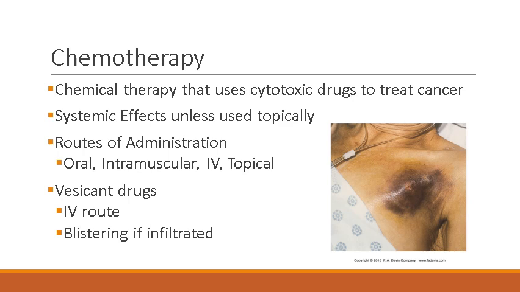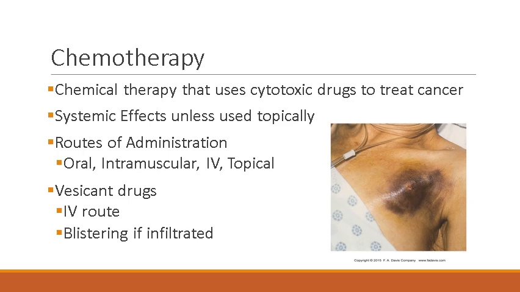And really the big take-home message here is making sure that you're checking your patient's IV sites, ports, PICC lines, whatever they have, at the minimum of every 2 hours that you're required, but really should be checked more often when these types of medications are infusing.